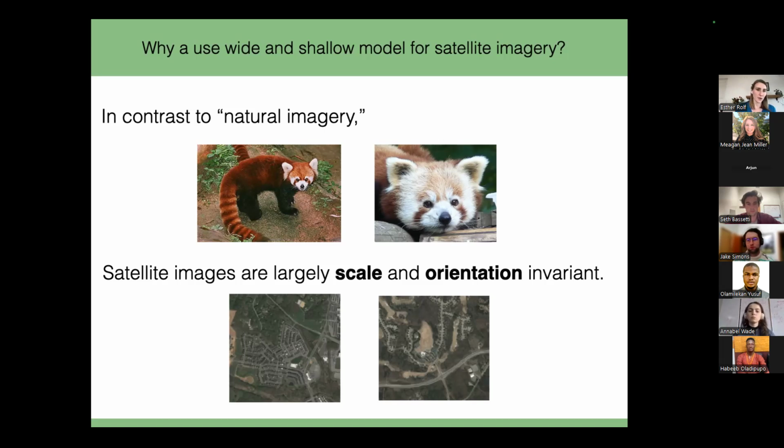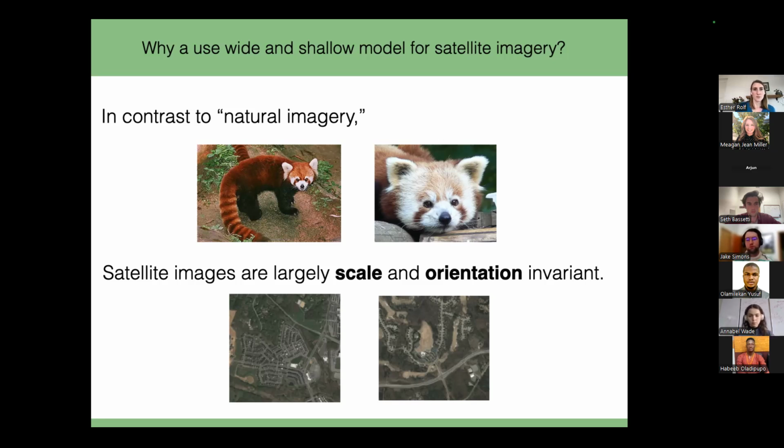If you contrast that with the satellite images on the bottom, they have these specific structures. They're taken roughly from the same distance above the Earth. They're already north-south orthorectified. They're color corrected. So you can see an object in one image, a building or a house in one image, roughly is the same scale and extent as in the other.